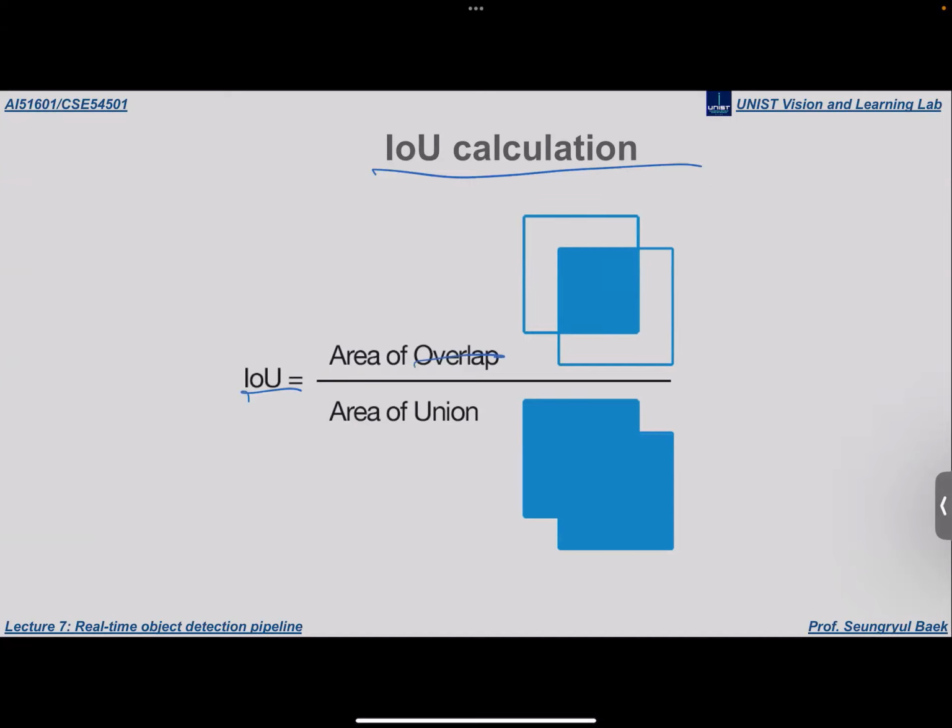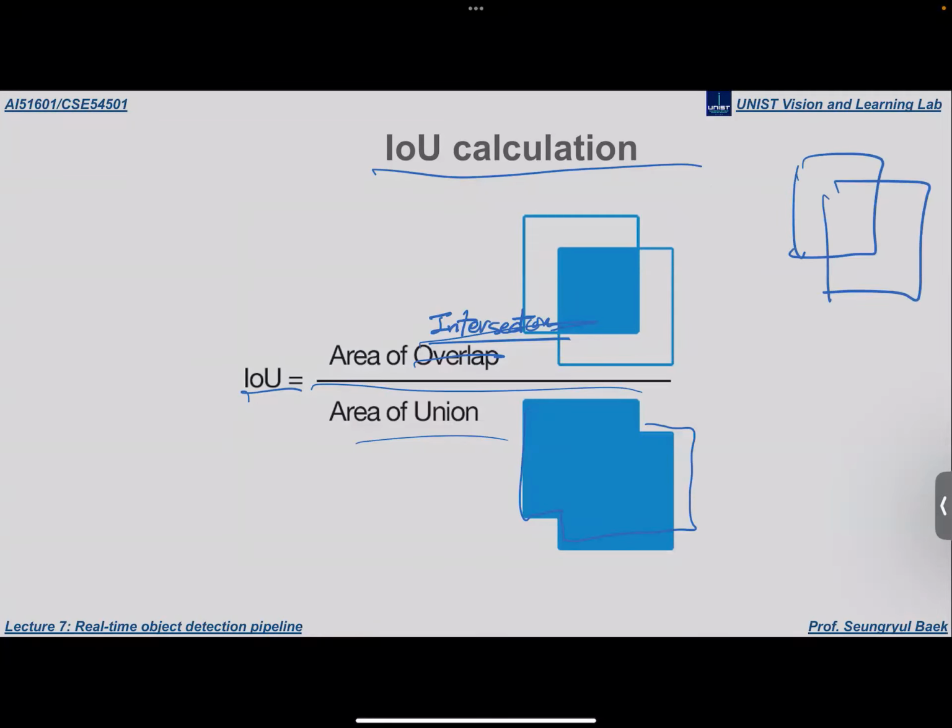You can think of this overlap as equivalent to the intersection. In here, let's say this is the bounding box you estimate, the estimated bounding box, and this is the ground truth bounding box.